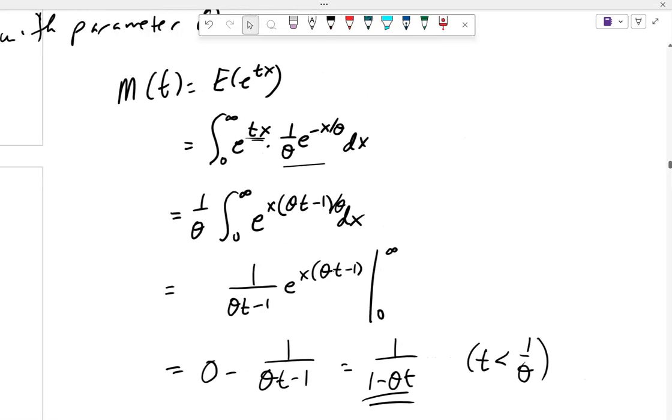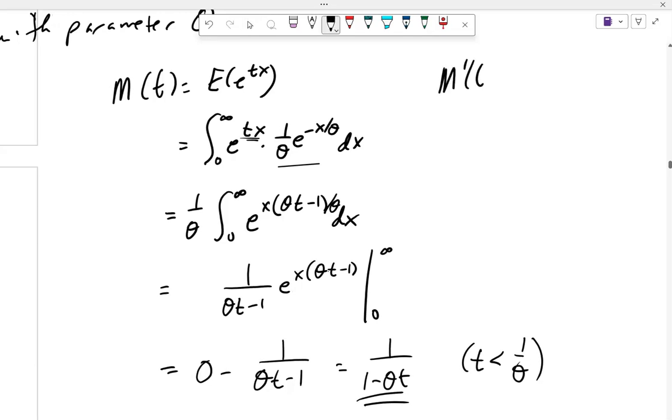To figure out the mean, we'll take the derivative. This is just 1 minus theta t to the negative 1. What's its derivative? And then times another negative theta, right? Yep. So you'll have negative 1 minus theta t to the negative 2 times a negative theta.